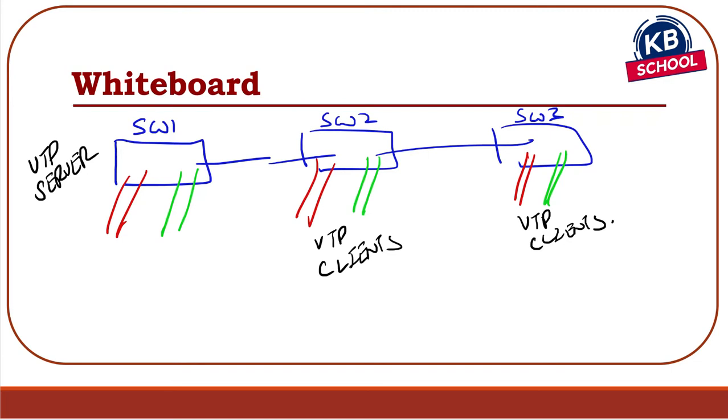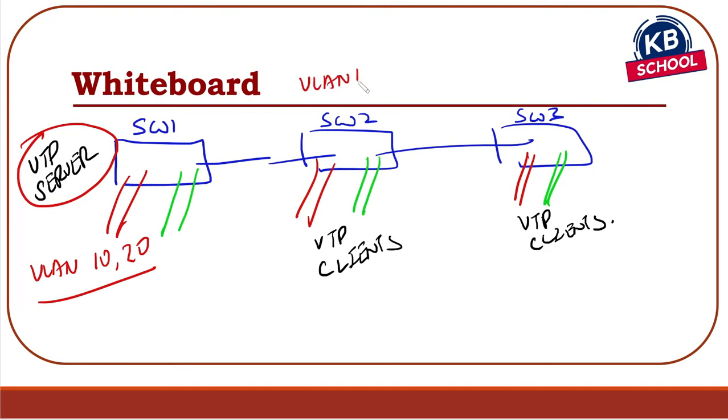This is my VTP server. I will go on to my VTP server and I will create my VLANs by using the VLAN command, VLAN 10, VLAN 20. As soon as I create that, I will now have VLAN 10 and 20 over here. I'll have VLAN 10 and 20 over here. That's the assistance that I get.